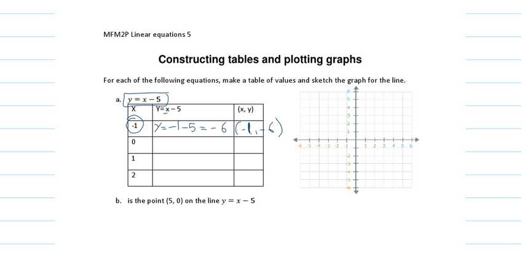Good. Now I have to do the same thing, but with replacing x with a 0. Okay? So it's going to be 0 minus 5, which is -5. And my point is going to be 0, -5. Are we okay with this?